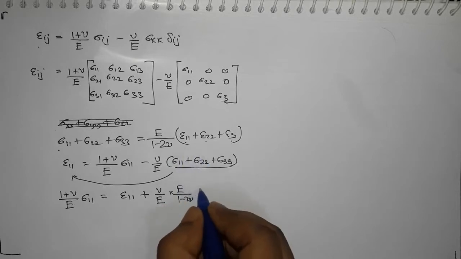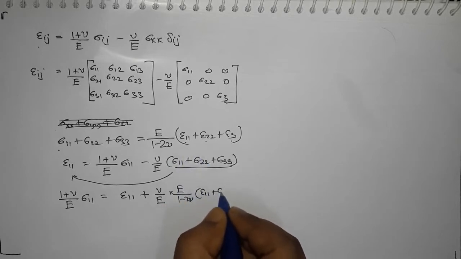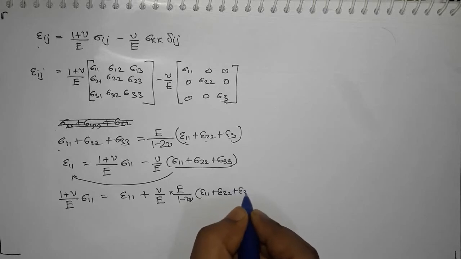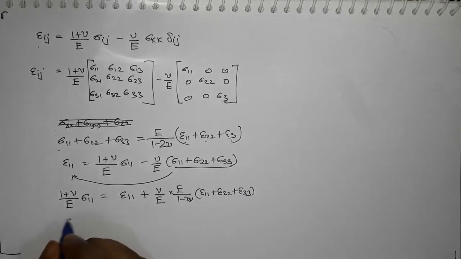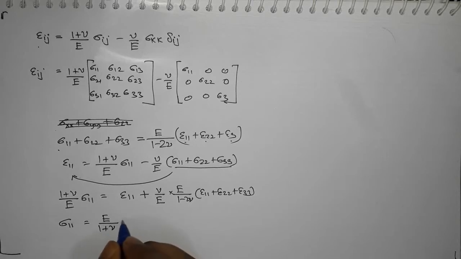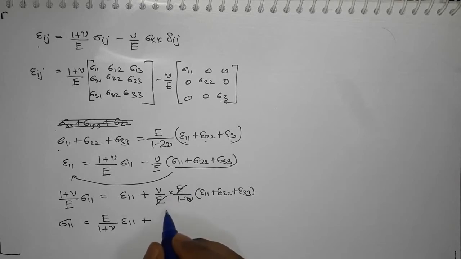2 mu and epsilon 1 1 plus epsilon 2 2 plus epsilon 3 3. Okay, so sigma 1 1 is equal to E by 1 plus mu epsilon 1 1, and E is cancelled, right?